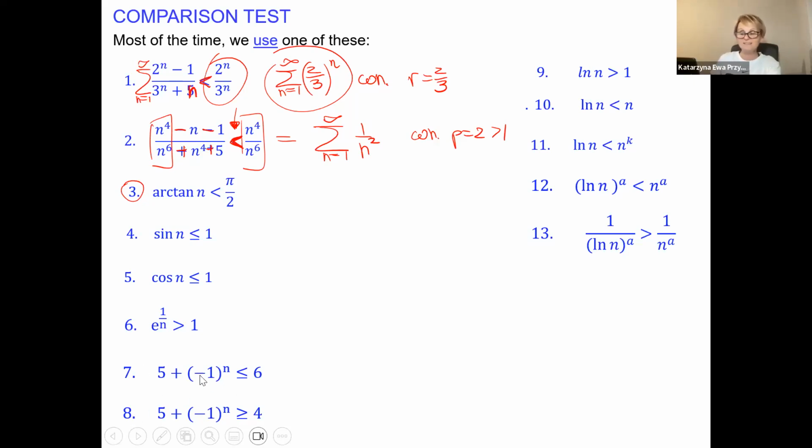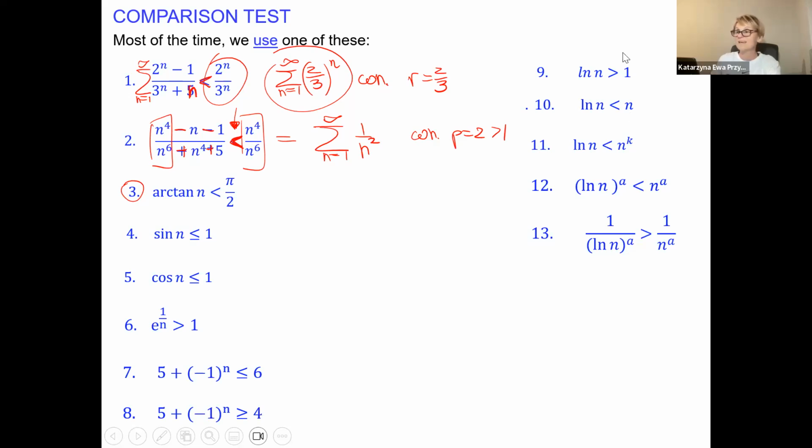Okay, that means something like this. Okay, 7 and 8. Let's look at this. This is actually really nice. Even if it is (-1) to the n, it's still positive terms, because it's 5 plus 1 or 5 minus 1. And if we need the direction this way, we can say it's less than 6 or it's greater than 4.